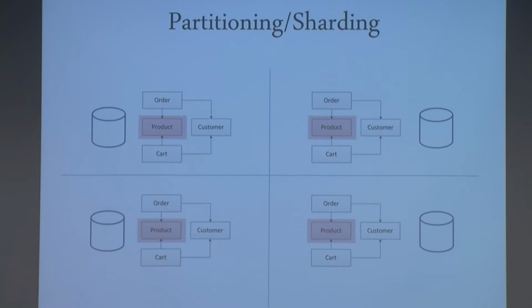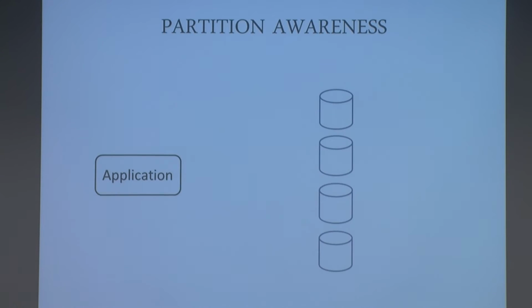But product really isn't customer specific. It's just something that has to exist in all of the databases because it's a common element. So with this scheme, we don't have a master database with foreign key relationships across database boundaries. So we have to replicate that product table into all of the shards that we have.